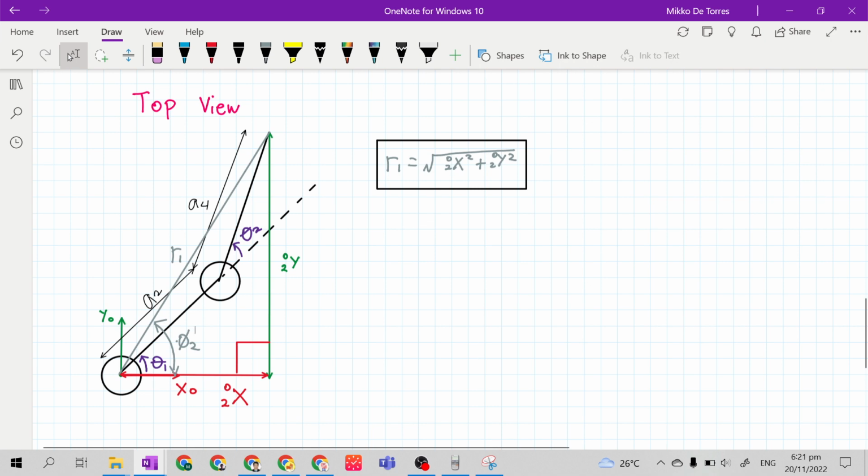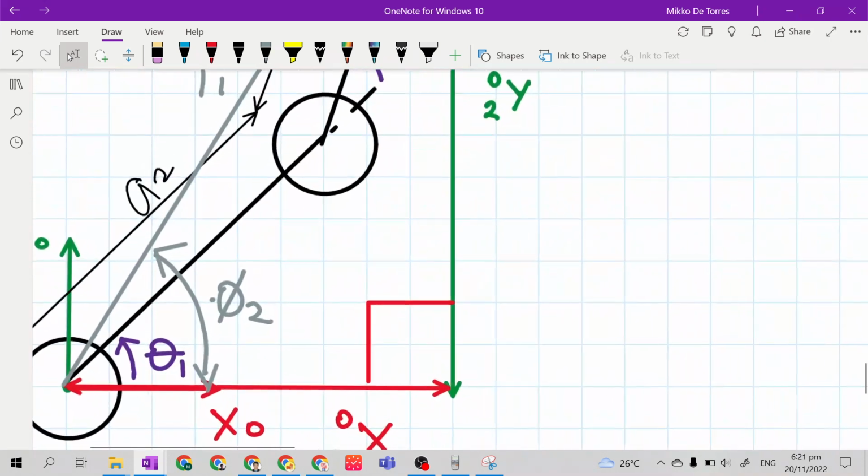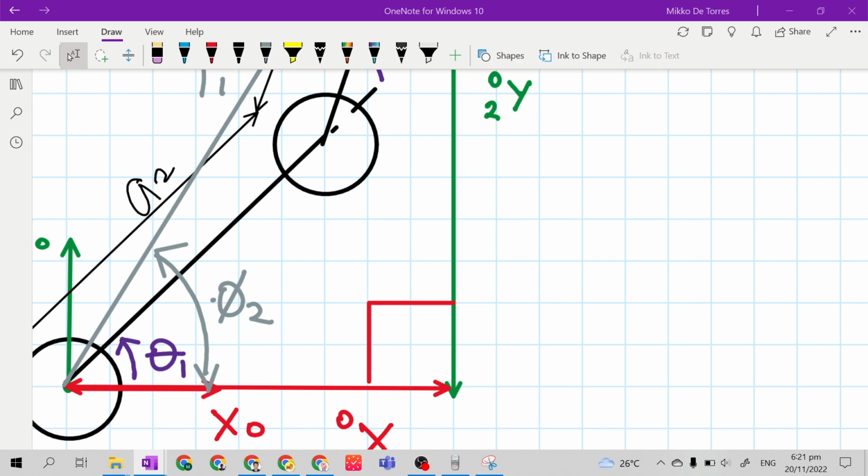There will be another angle inside. That angle will be named phi 1. So I will name it phi 1.